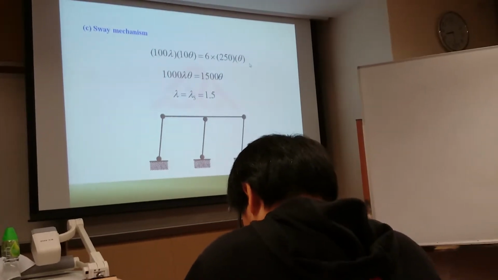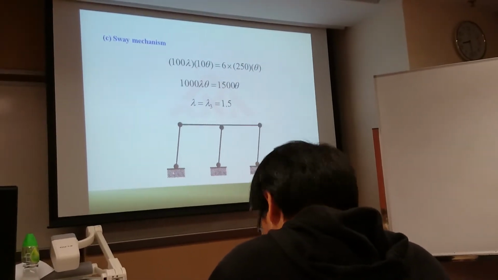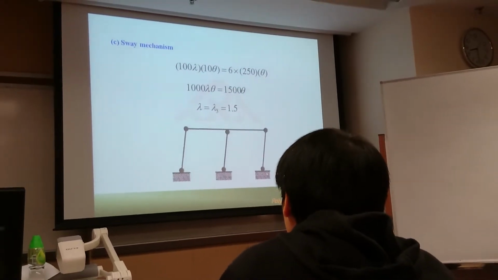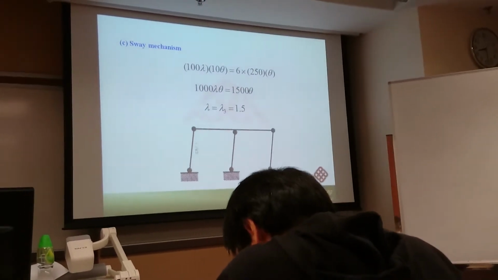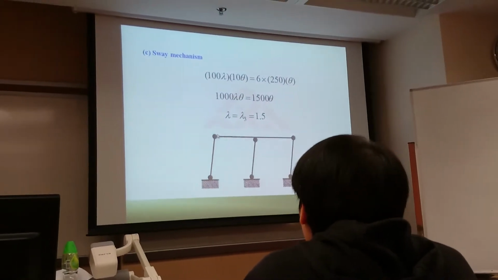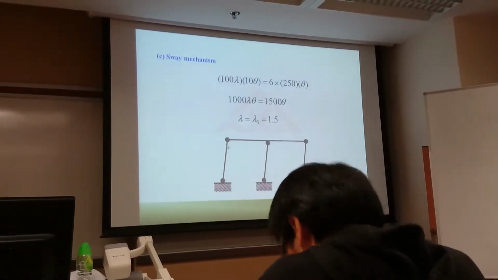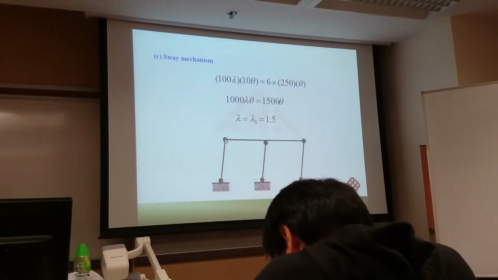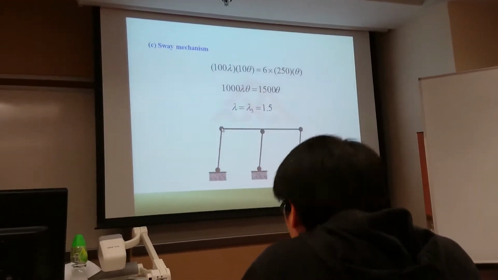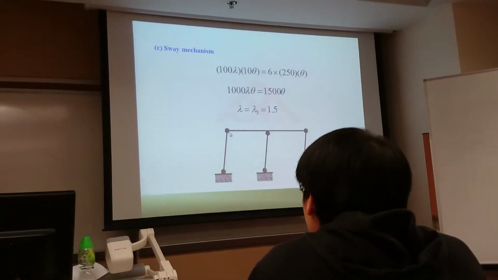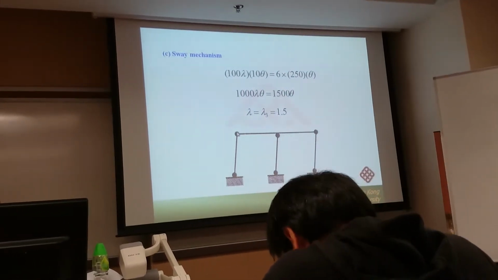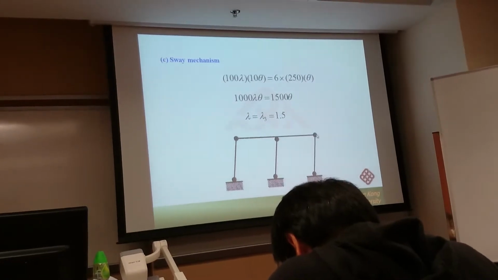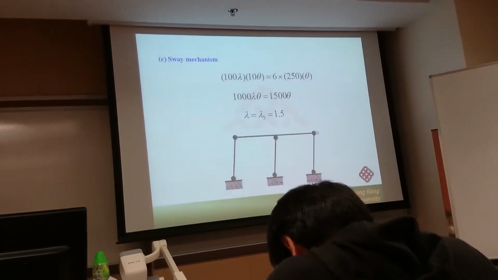The plus moment for this point and this point definitely equals the plus moment of the columns. But for this point, the plus moment must be the lesser value. So for the joint connecting two members, we always take the lesser value. And for this point, of course, same as this point, so we take the lesser value.